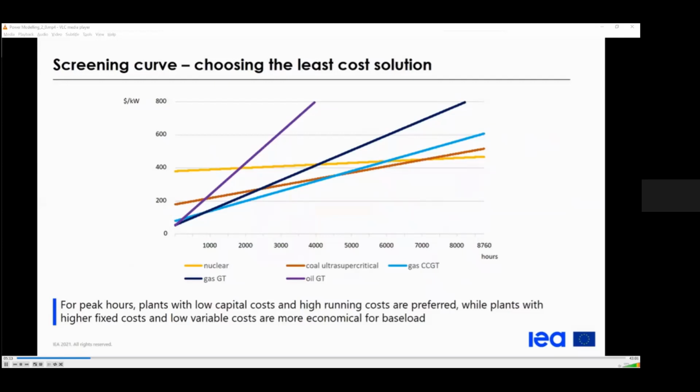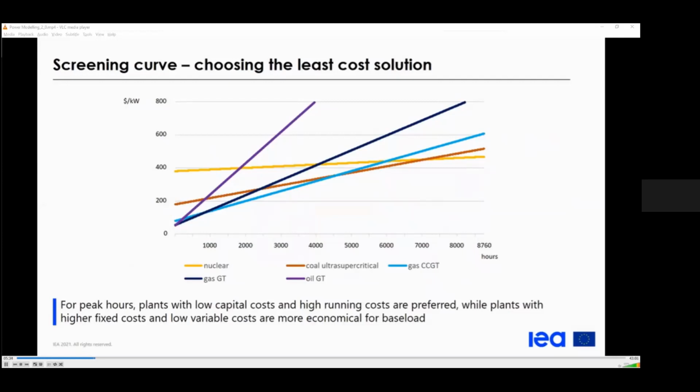So another very useful way to look at things is to see how the cost of power plants changes depending on the amount of time these plants are used. This way of looking at things is what we call the screening curve.